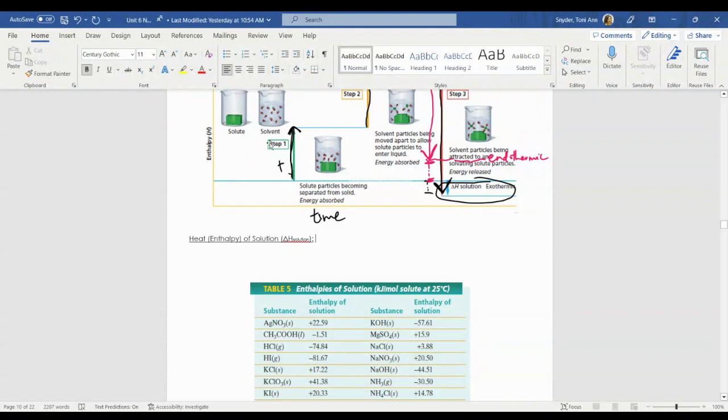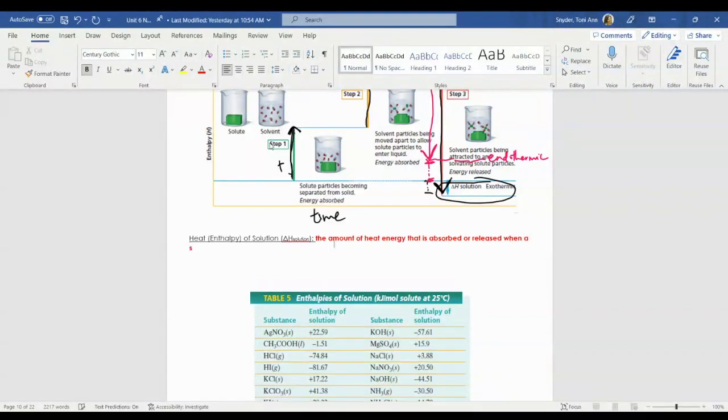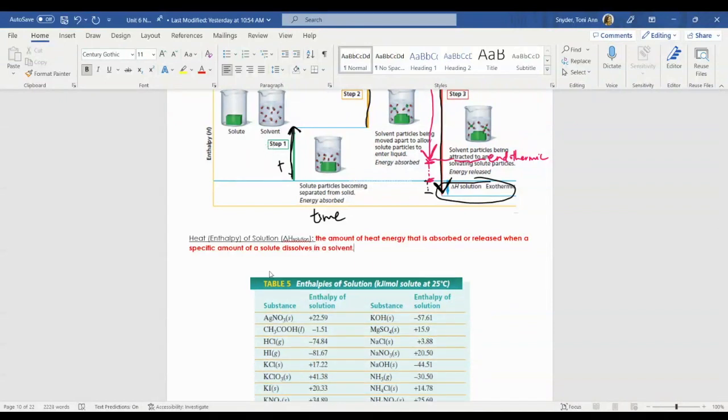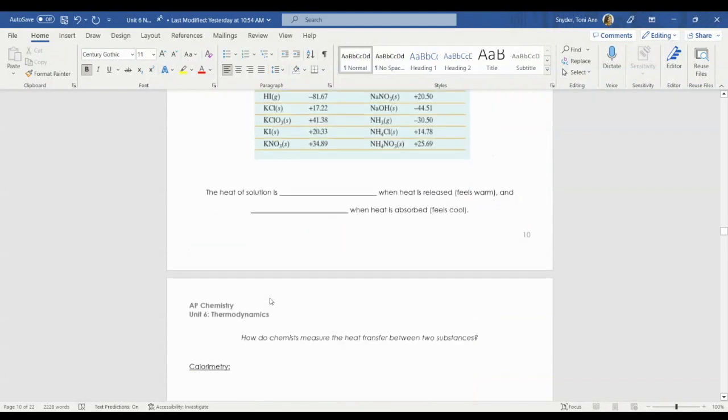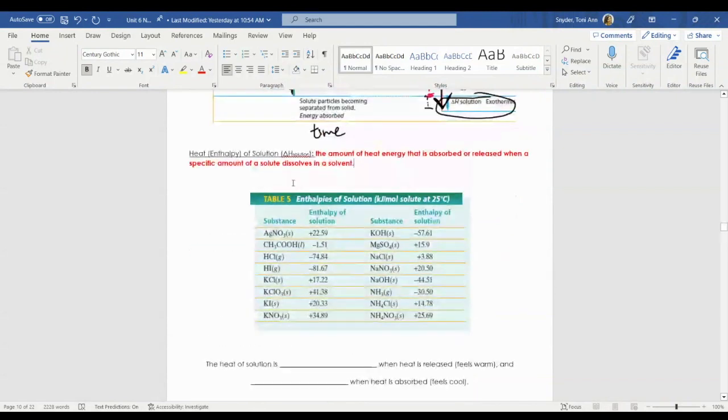So the enthalpy of solution is the amount of heat energy that is absorbed or released when a specific amount of a solute dissolves in a solvent. You probably got the idea of that already as we were progressing through this, okay?